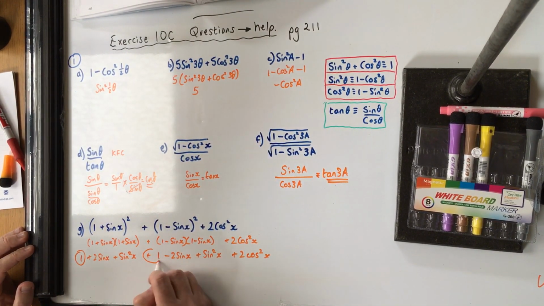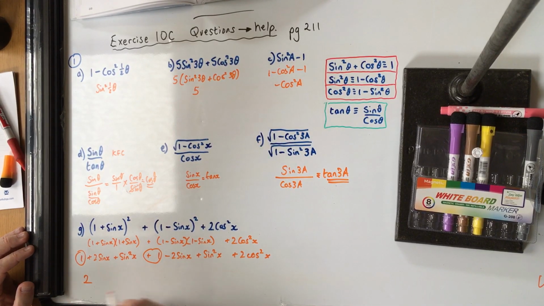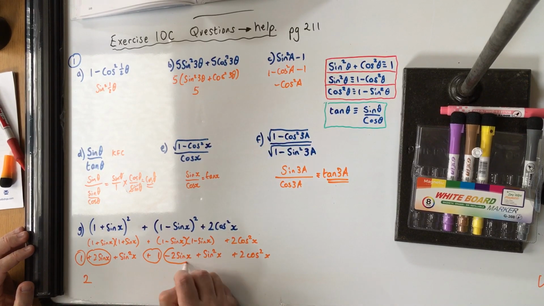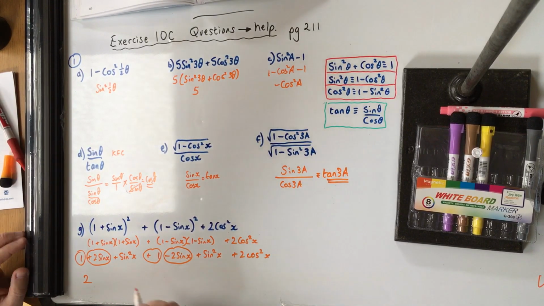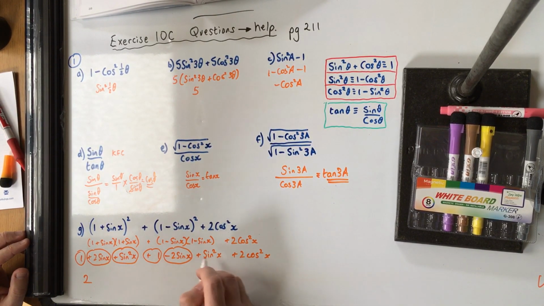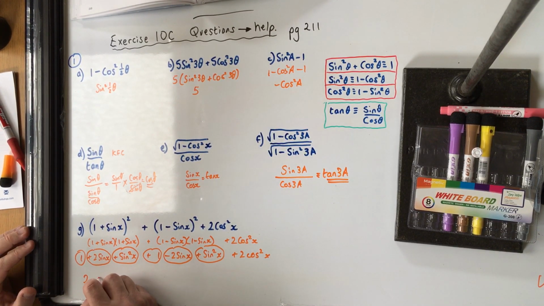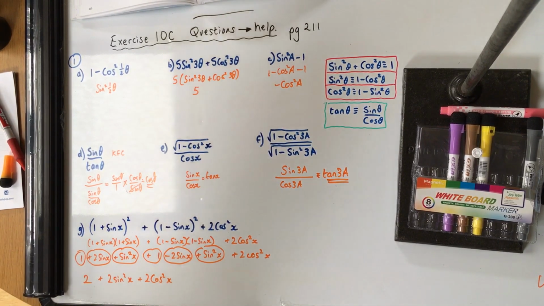So 1 plus 1 is 2, just be careful. Plus 2 sine x minus 2 sine x, it's gone. Sine squared plus sine squared is plus 2 sine squared x, and we've got a plus 2 cos squared x on the end.